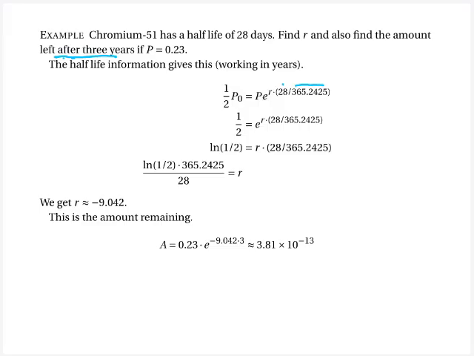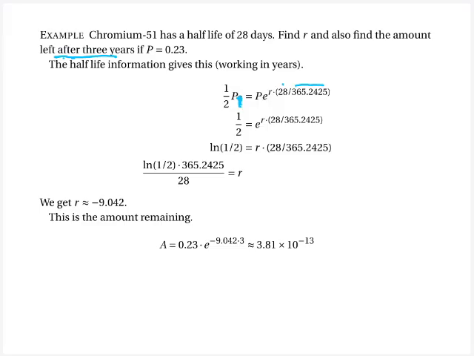So I have a 1/2 P. Oh, it says P naught. It's just supposed to say P. Sorry, a little typo. 1/2 P, P e to the r times, I made the time be 28 days, and cancel the P's. So again, we're seeing that the fact that the P's go away means that the P's have no effect on the final answer.